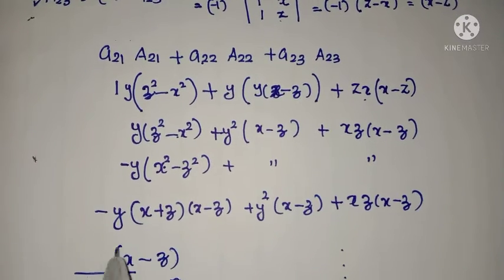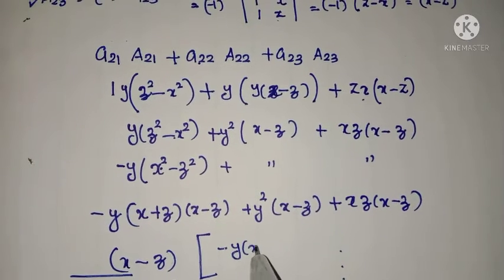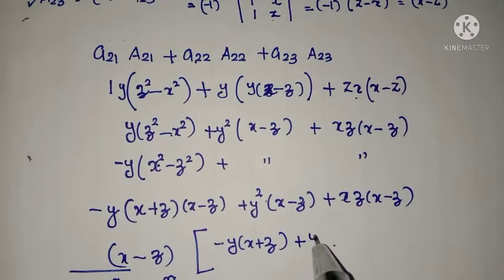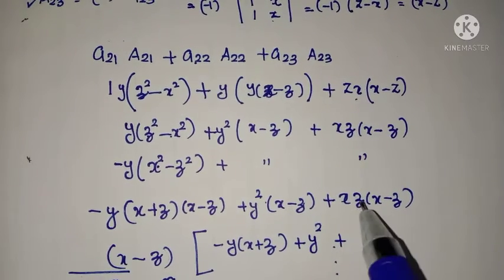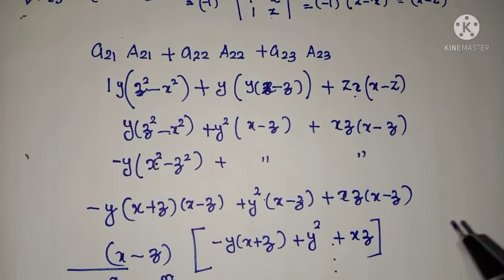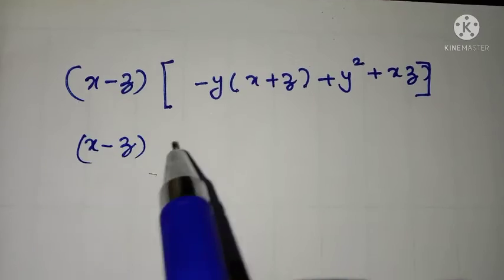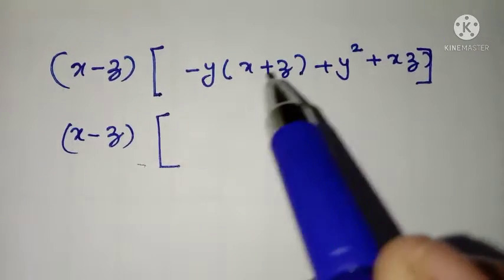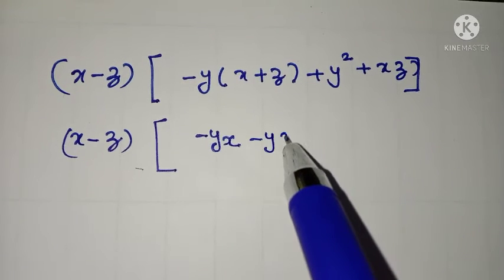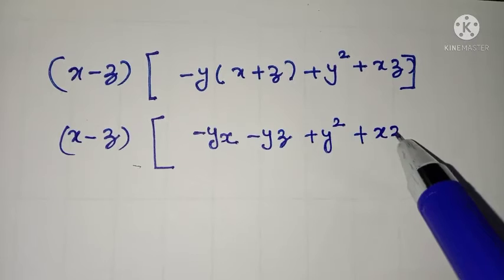X minus z is common, so remaining minus y into x plus z, plus y square, plus xz. Now this is equal to x minus z into, just open the bracket, minus yx minus yz plus y square plus xz.